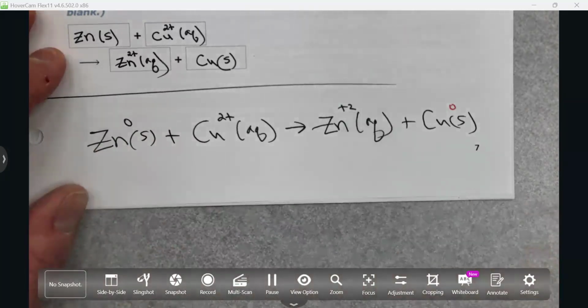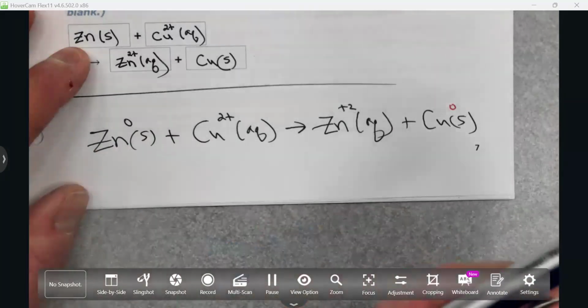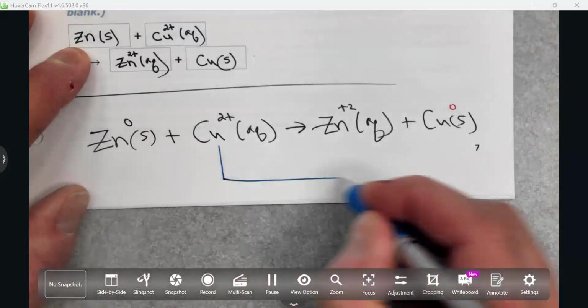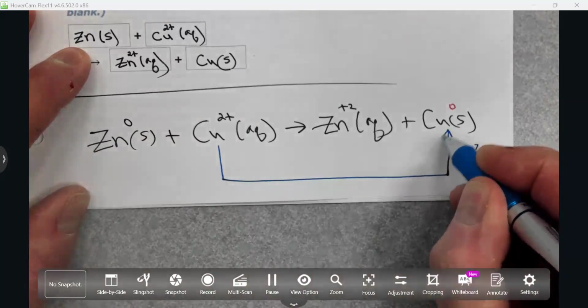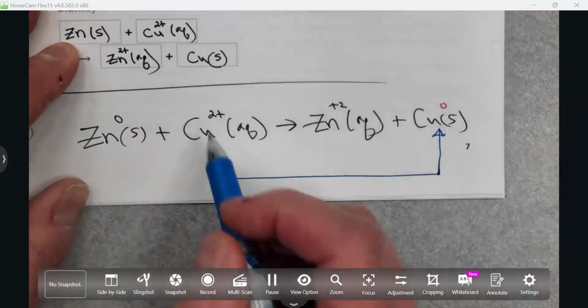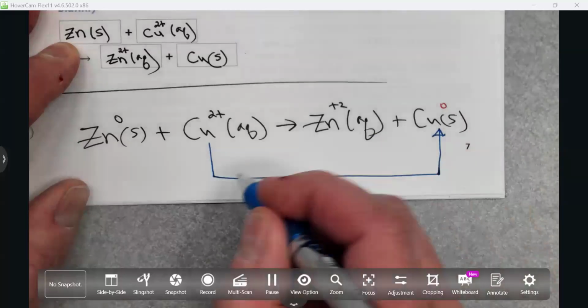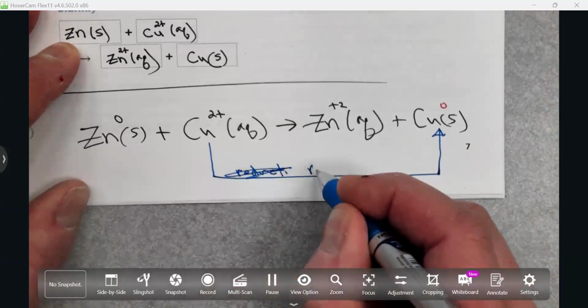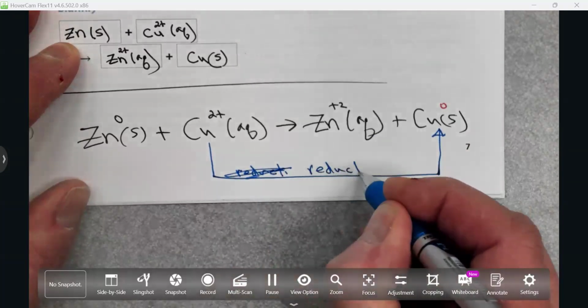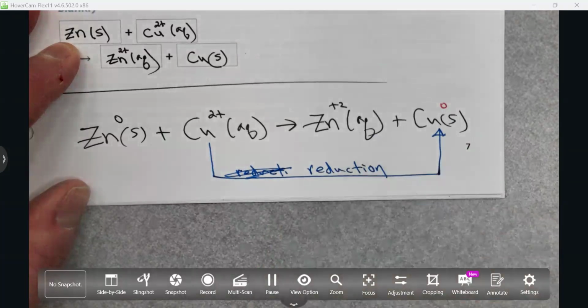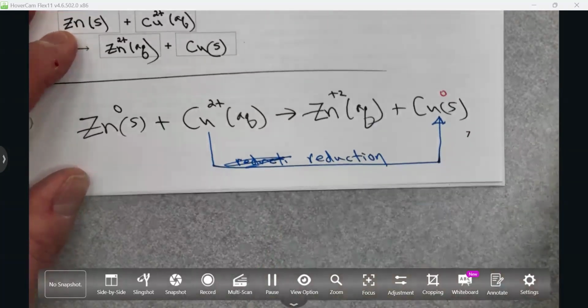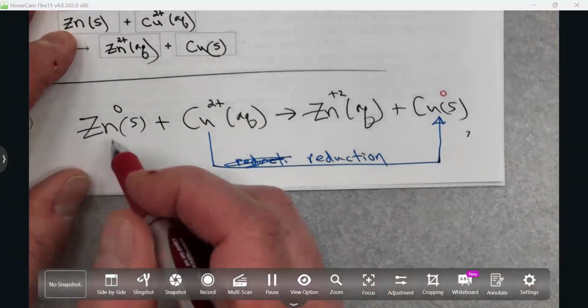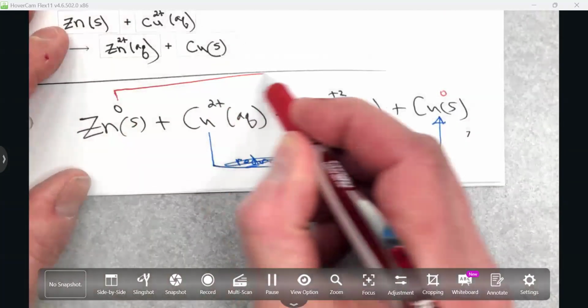So we're going to talk about oxidation reduction. And this copper is undergoing reduction because it's going from a plus 2 to a 0. This is being reduced. This is my reduction. And the other one, that's becoming more positive, is oxidation.